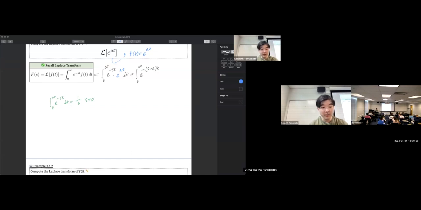What is going on? Okay, let's look. My computer is completely frozen.